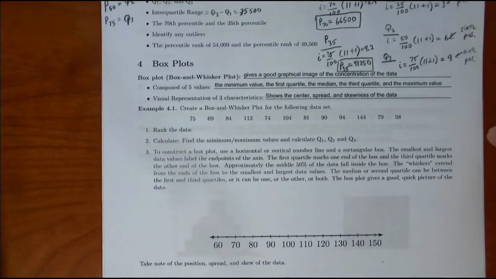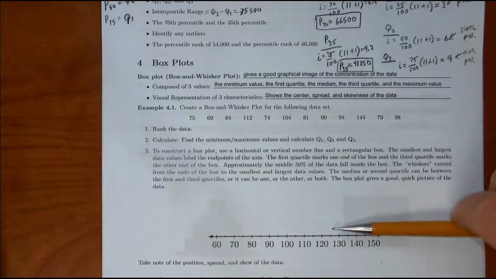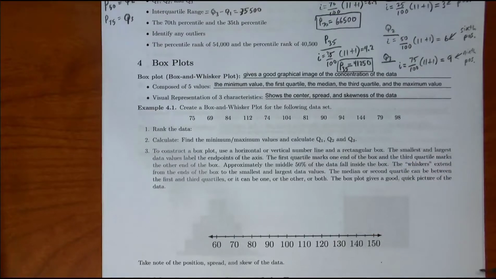Just like always, you have to rank the data first, least to greatest. Then you need to calculate the maximum and minimum values. That's easy, that's just the highest and the lowest. But you do need to calculate Q1, Q2, and Q3. Once we have those in hand, we'll talk about exactly how to make a box and whisker plot.